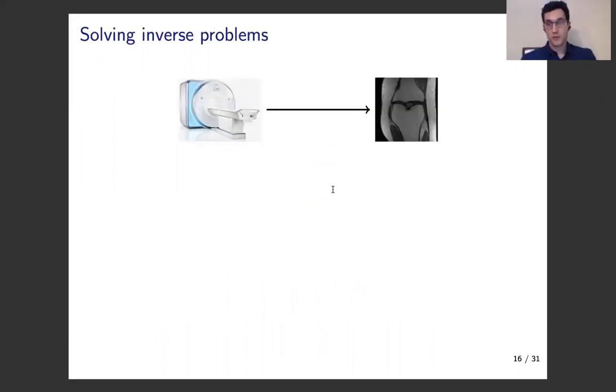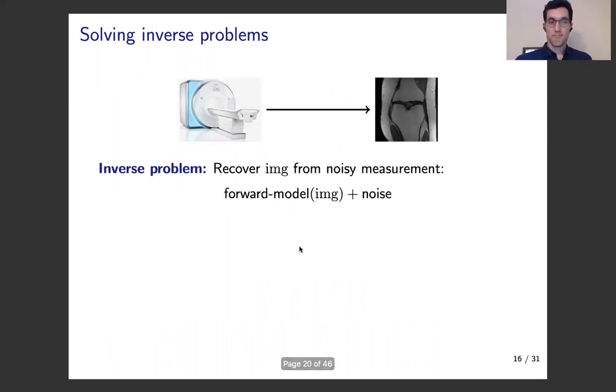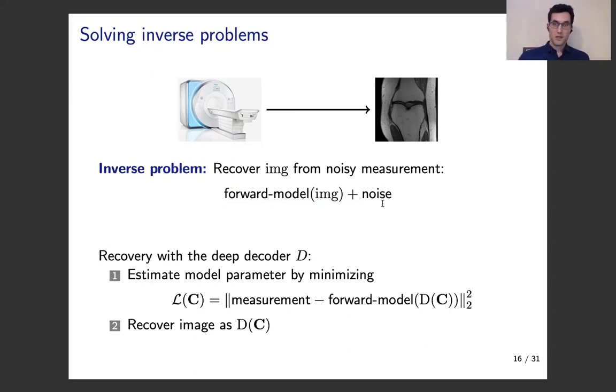And more generally, if you have such a network, you can solve all sorts of inverse problems. Say you have an inverse problem where the goal is to recover an image from a noisy measurement, then you have some measurement that consists of some measurement process described by a forward model plus some noise. And if you have such an image model, you can just estimate the model parameter by minimizing this loss here. What that loss does is it takes the measurement and fits an image to it that is consistent with the measurement.